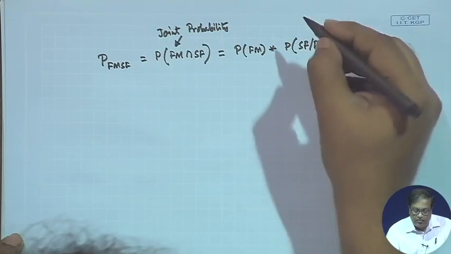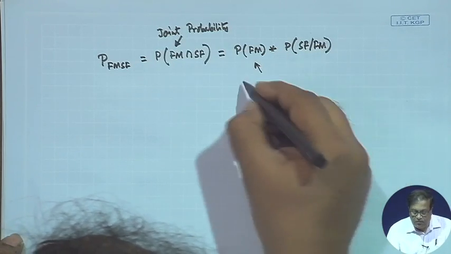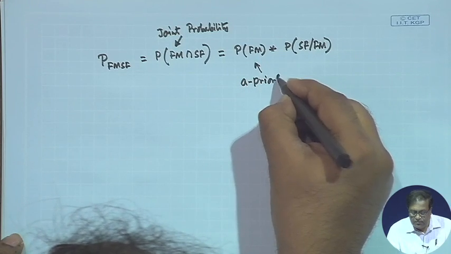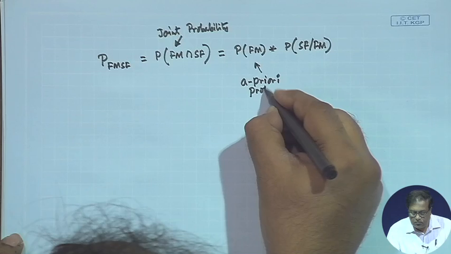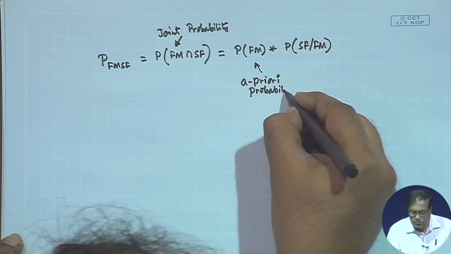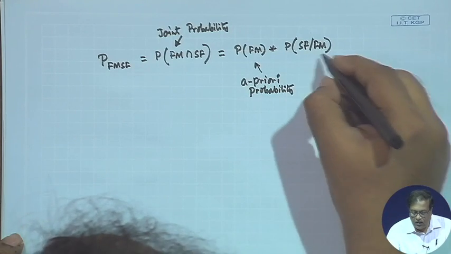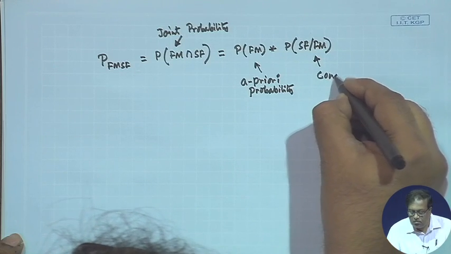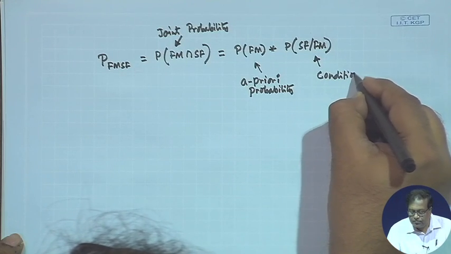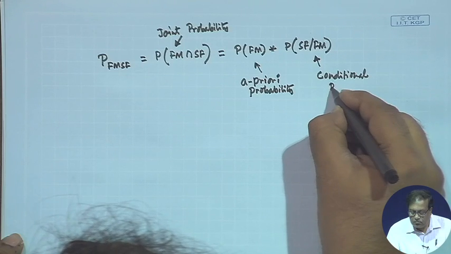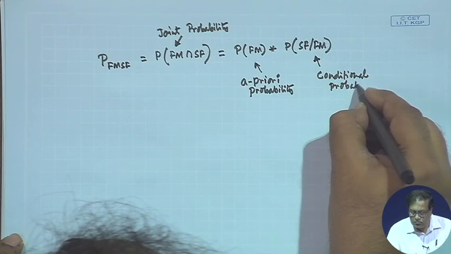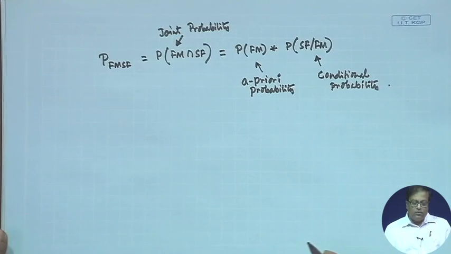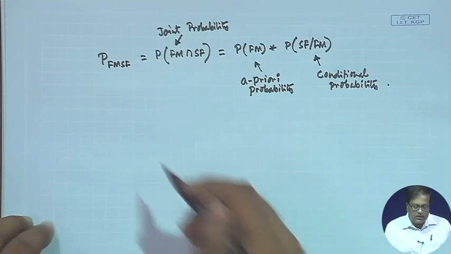The joint probability is a multiplication of the a priori probability and the conditional probability. So, basically that is how the calculations are done.